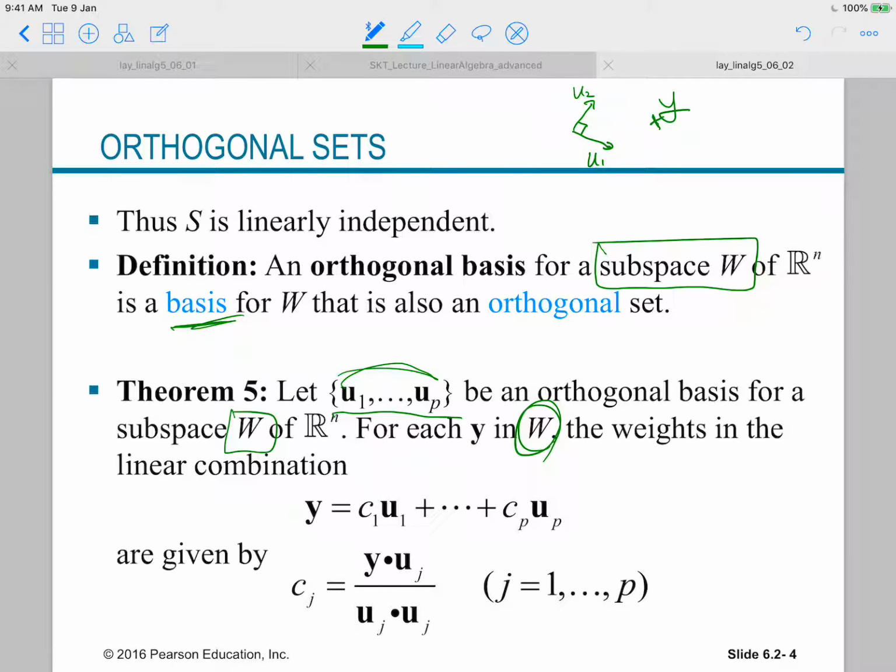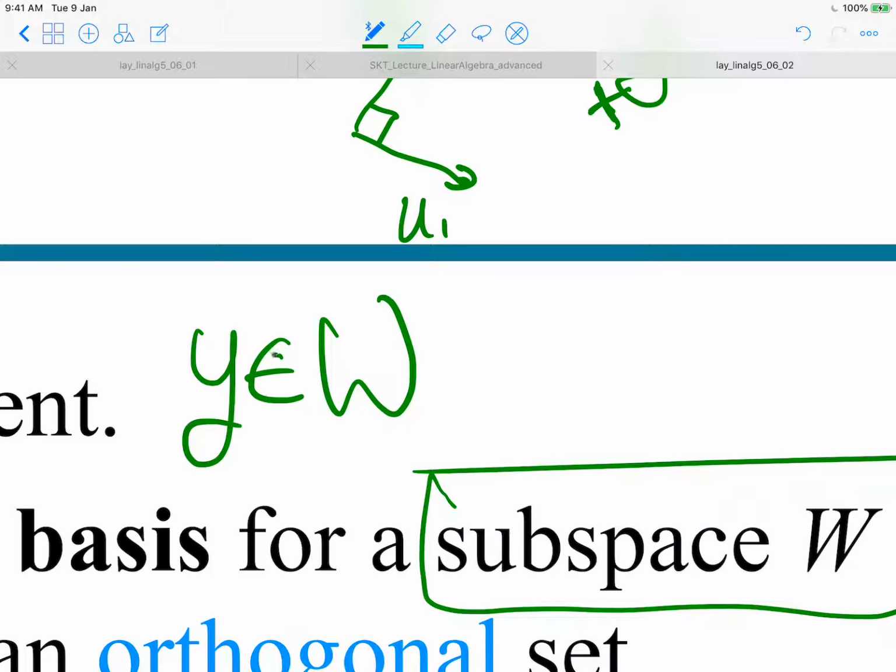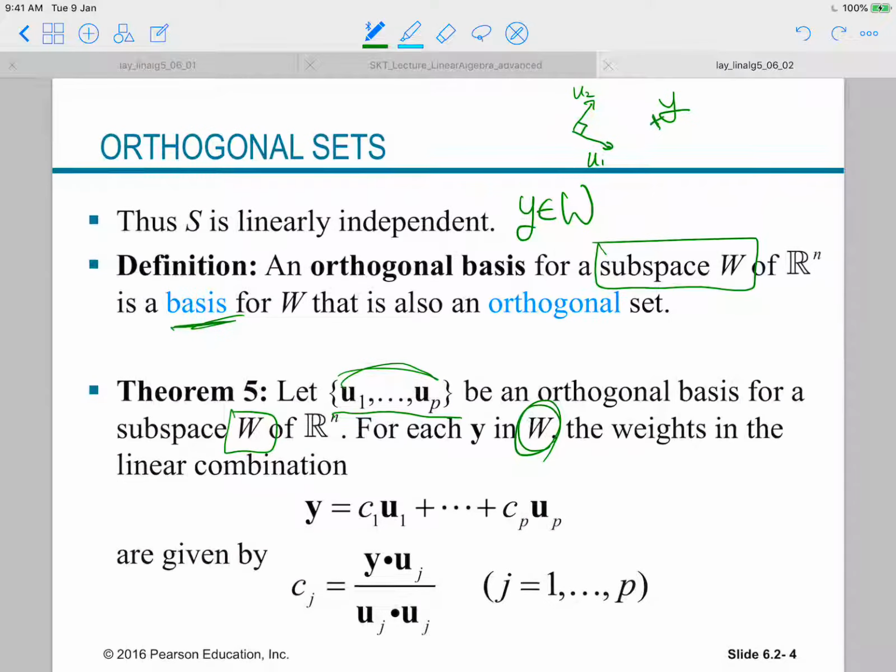So let's call this point Y from our subspace W. Because Y is inside our subspace, we know Y is represented as a linear combination of our basis vectors, right? And then let's consider C1 and C2. How can we compute them?